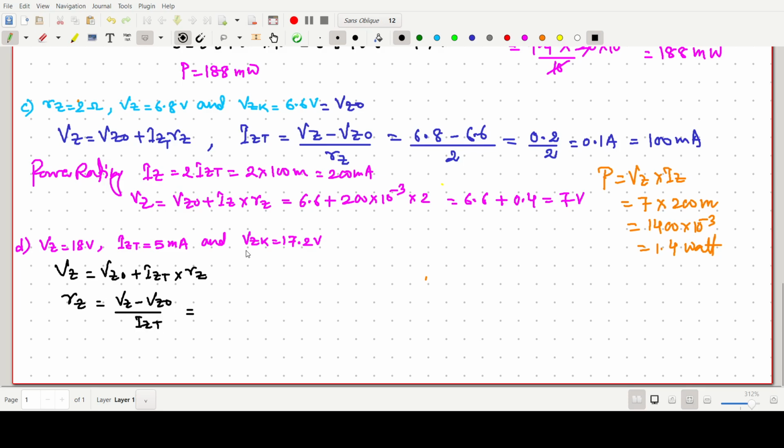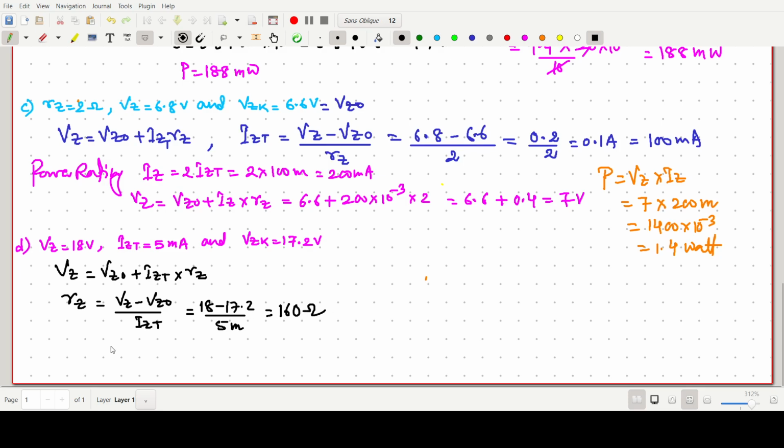Rz is missing, so Vz 18 minus 17.2 by Izt 5 milli. Using simple calculation, 0.8 by 5 milli, it will come around 160 ohm.